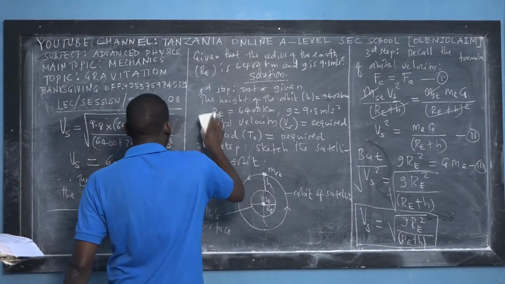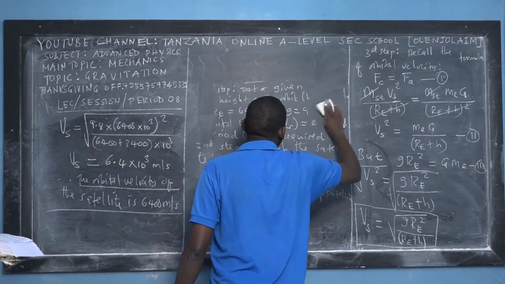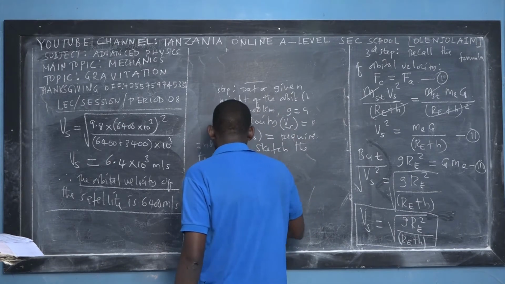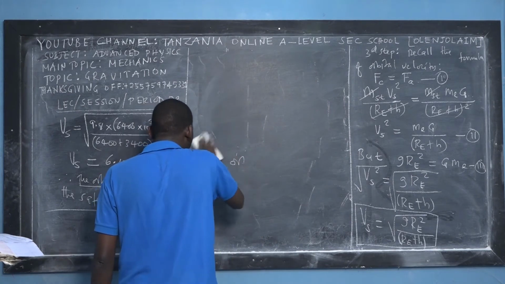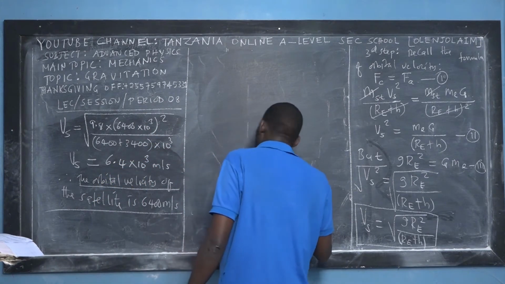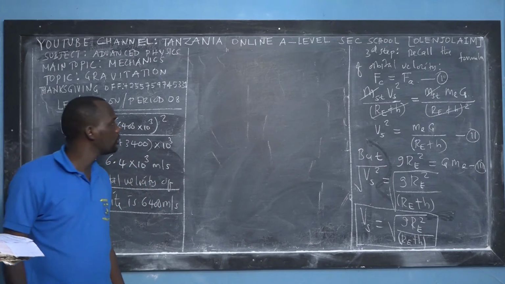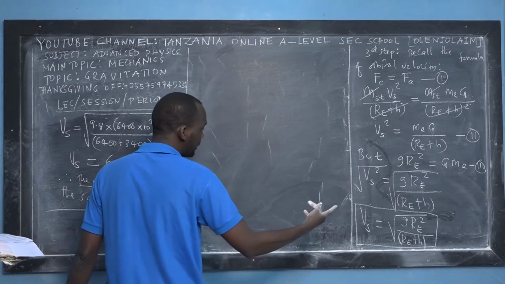The second part of the question asks us to find the period of revolution. Because these satellites will be revolving around the Earth, you have to find the period of revolution. How do we find the period of revolution? Okay, so we've been following how many steps? 3 steps.